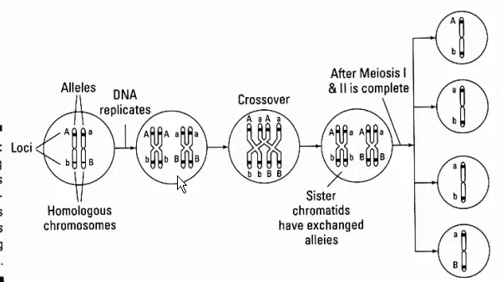In other words, the chromosome from dad, let's say, had the dominant A, the recessive B. The one from mom had the recessive A with the dominant B. But if you look over at this situation, you can see we have the type from one parent, dominant A, recessive B, the type from the other parent, recessive A, dominant B, but I've now got new combinations.